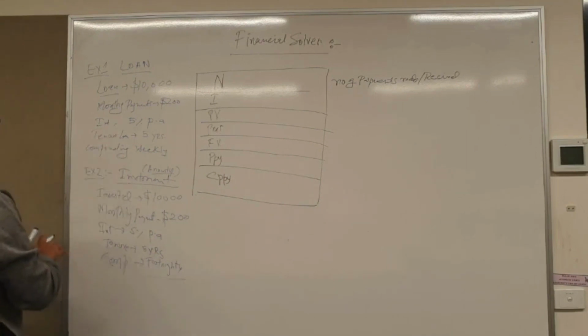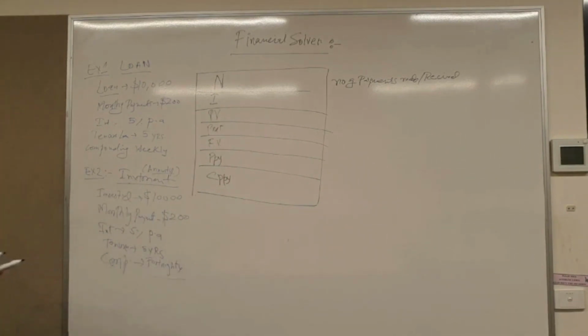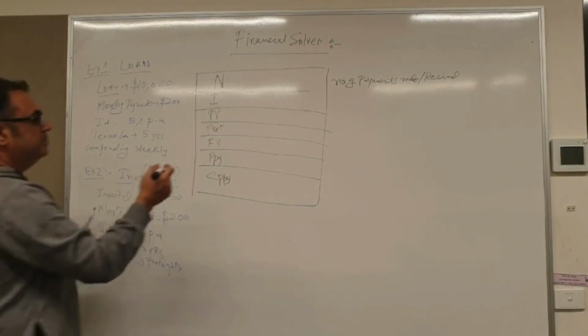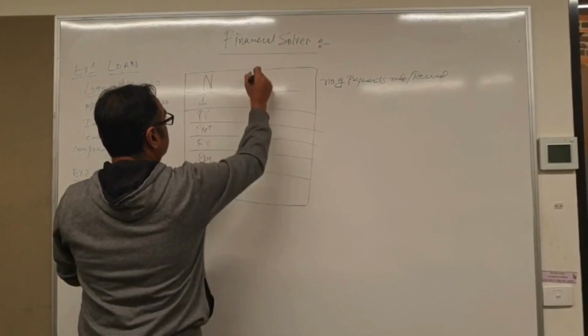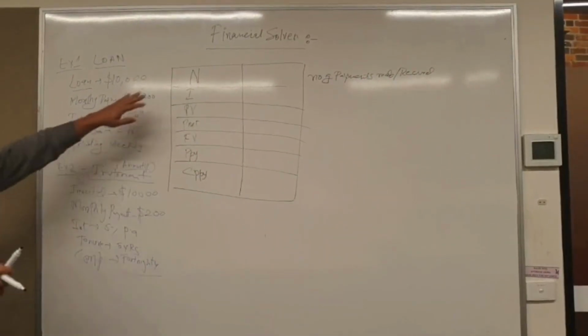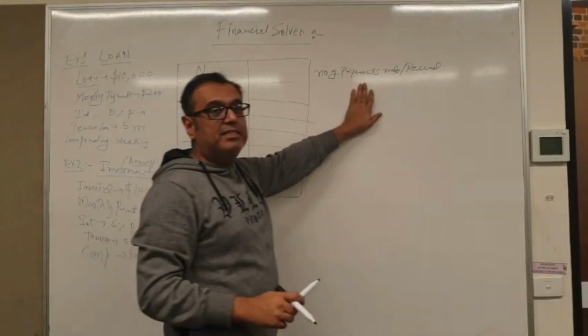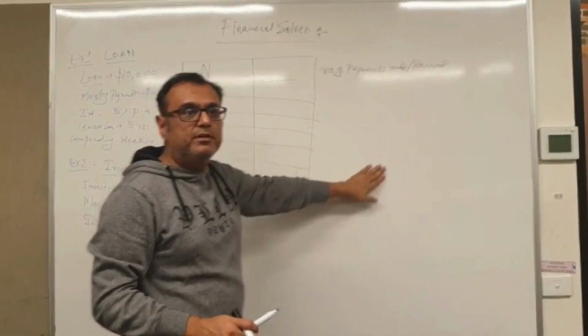I will fill the loan scenario with blue and the investment scenario with black. The tenure N is the total number of payments either made or received.